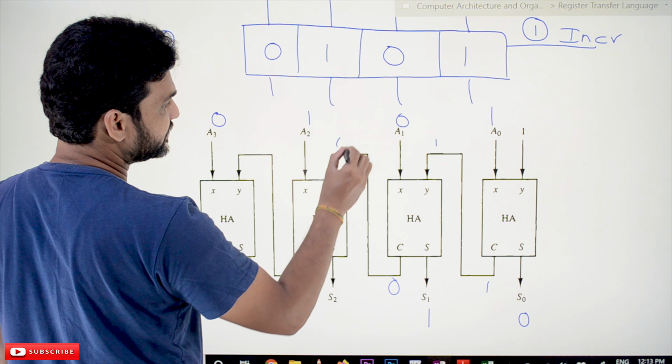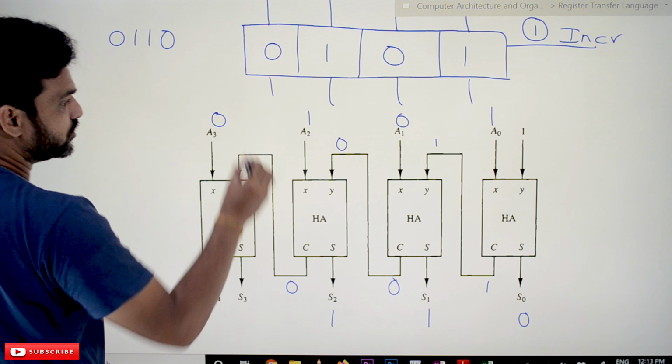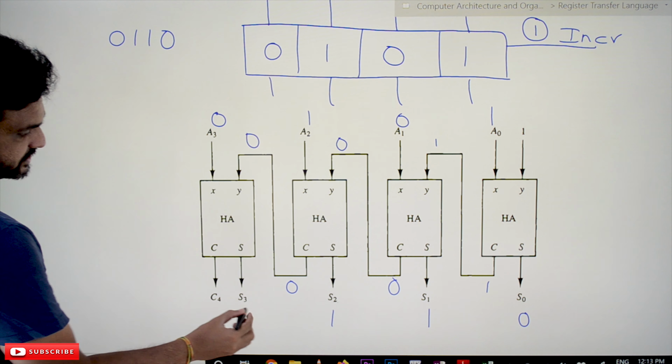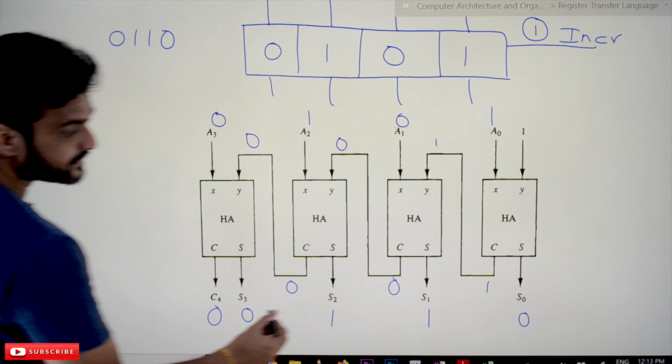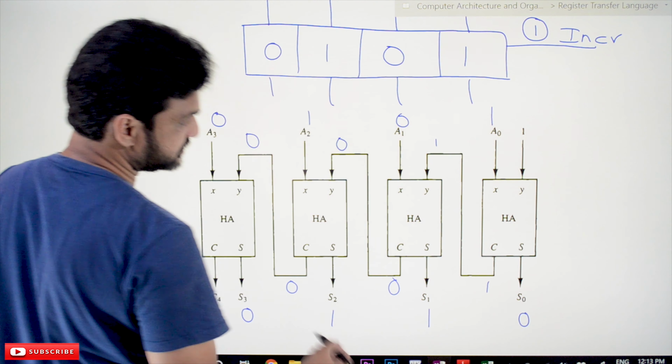Then 1 plus 0 is again 1, with a carry of 0, and here 0 plus 0 is 0, and the carry is also 0. So the final output, the incremented value, is 0 1 1 0.